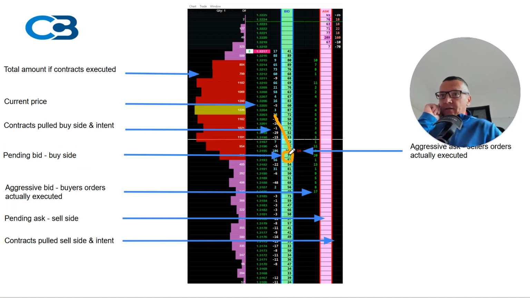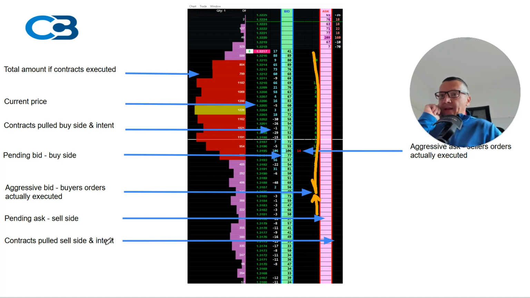So these are basically orders that are pending, ready to be executed in this section here on the buy side. And then we've got aggressive bid buyers orders. Okay, so these are trades that have actually been executed.